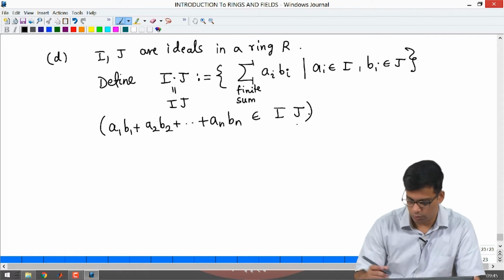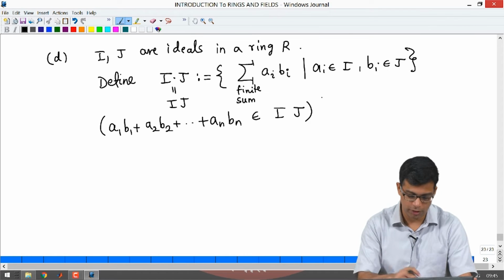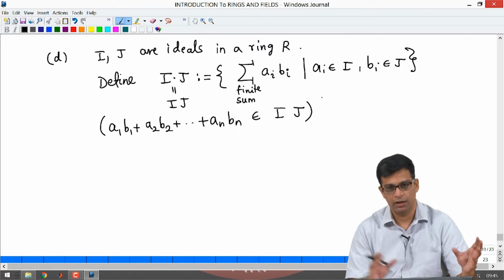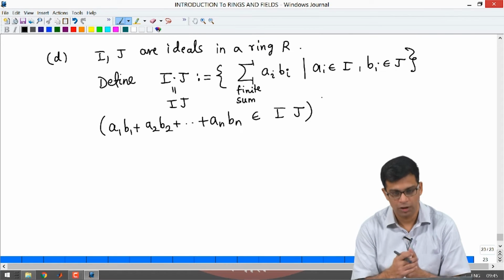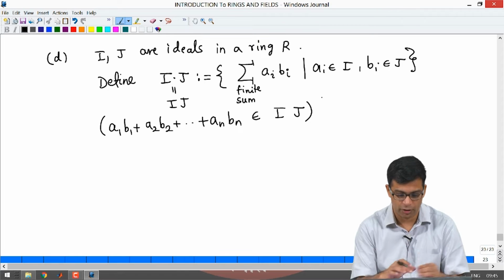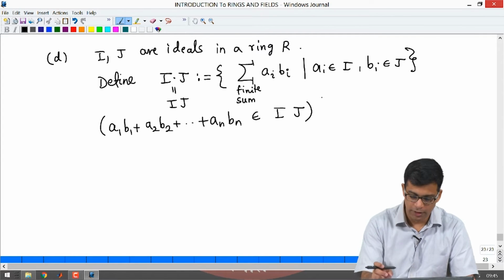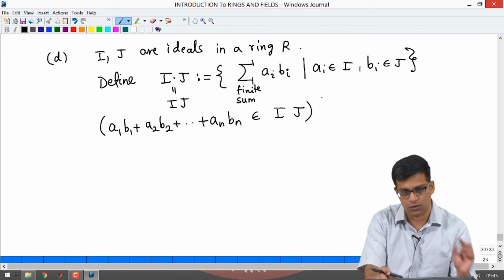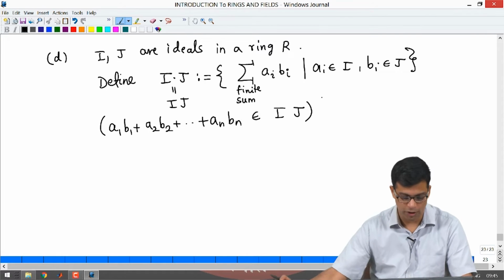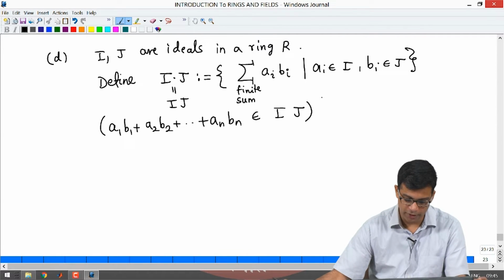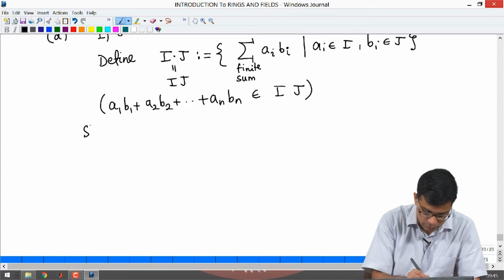Just to give you explicitly what the elements are, I take elements of I, I take elements of J, I multiply them and then I pool them together to get this. It turns out that it is important to define it this way. If you just take single products of elements, it is not an ideal.